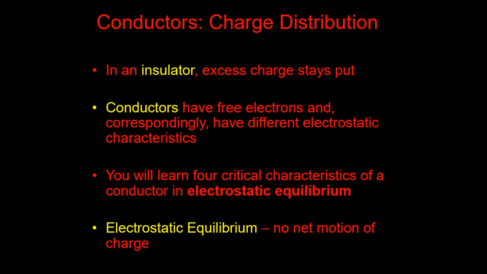An insulator is something that likes to hold on to charge. Rubber, for instance, likes to hold on to charge, does not like to permit charge to move through it easily. They have excess charge essentially being stationary upon them. Conductors have free electrons and correspondingly different electrostatic characteristics, meaning that charge can move much more freely over or through them.